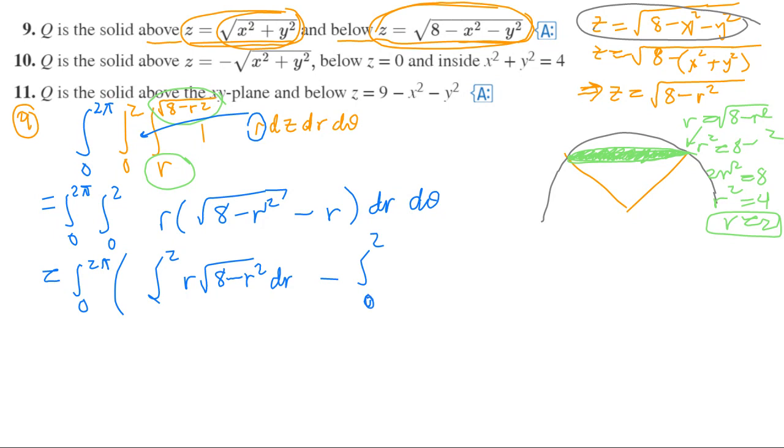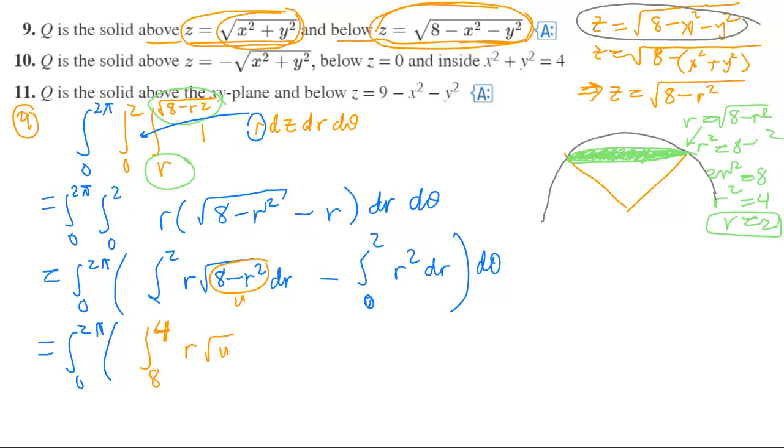Thank you, Fatma. Yes. We need integration by substitution again. So from 0 to 2 pi, you need this to be u. 8 minus 0 is 8. 8 minus 4 is 4. r, radical u, du times the divided by the derivative of this, which is minus 2r.